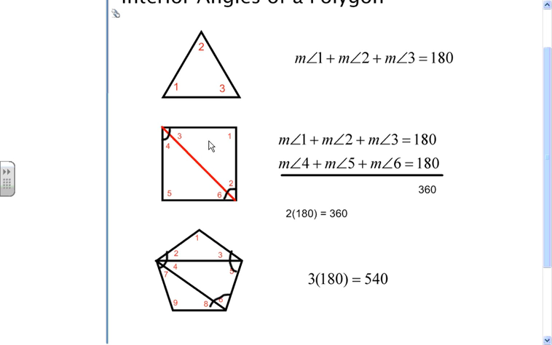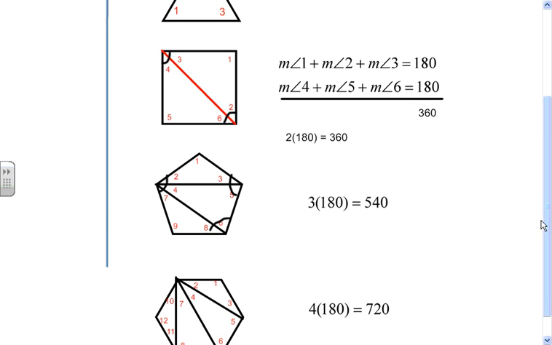But how many triangles did we create? 2. Let's look at a pentagon. A pentagon has 1, 2, 3, 4, 5 sides. But how many triangles did we create? 1, 2, 3. So we created 2 fewer triangles than the number of sides the polygon had.